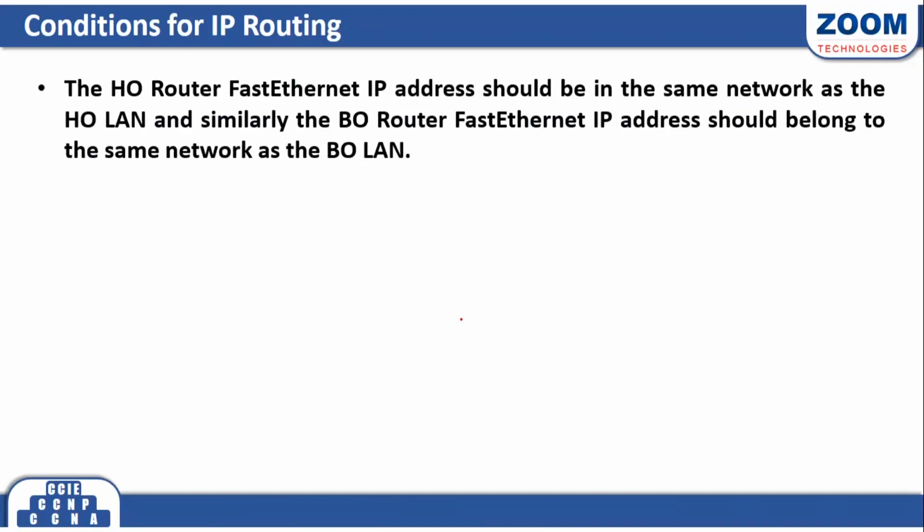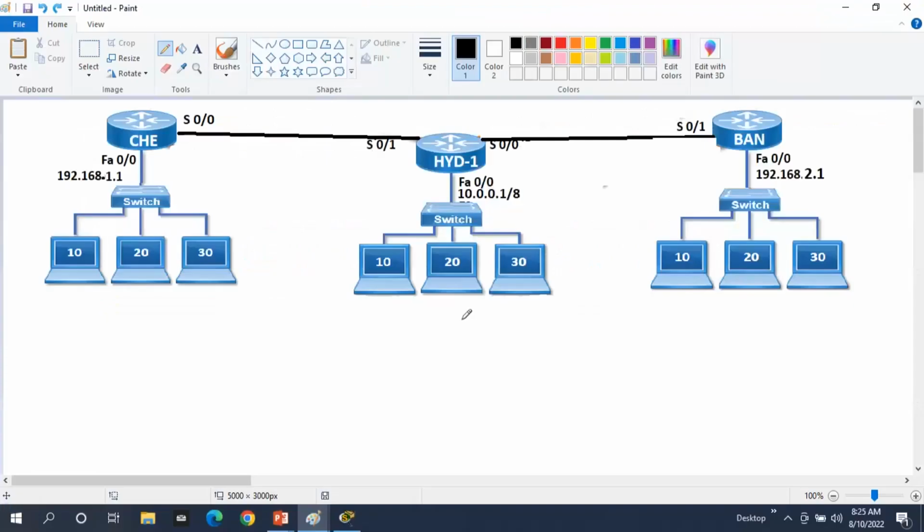So what is the meaning of the first condition? If you consider the middle one is HO, the head office, and then branch office 1 and branch office 2. The condition is that the head office Fast Ethernet interface IP address and the LAN users' IP addresses should be in the same network.